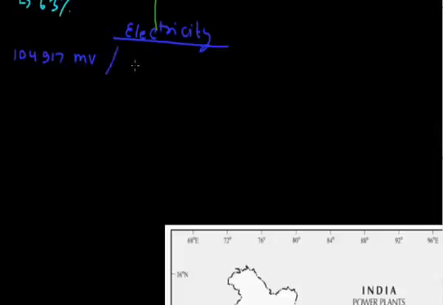Per capita consumption is about 379 kWh. More than 70% electricity produced in India through thermal power plant. Wherever we produce electricity from the steam power.